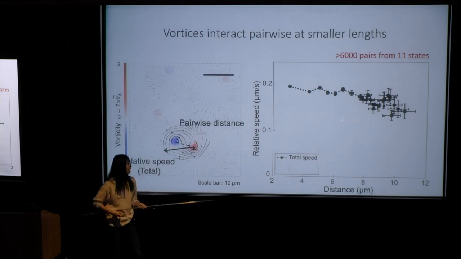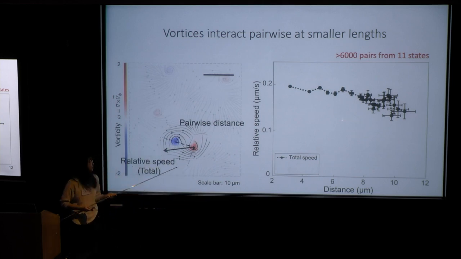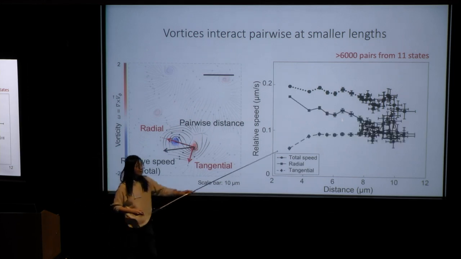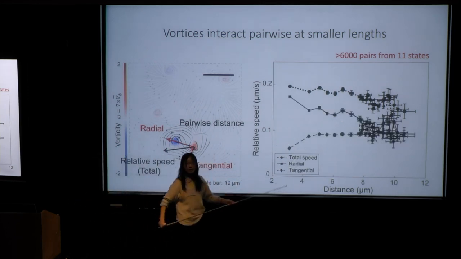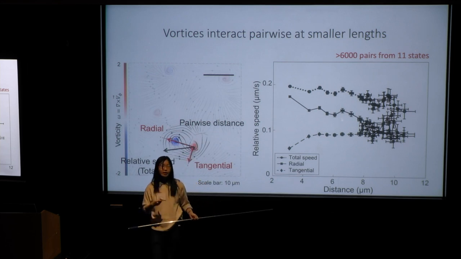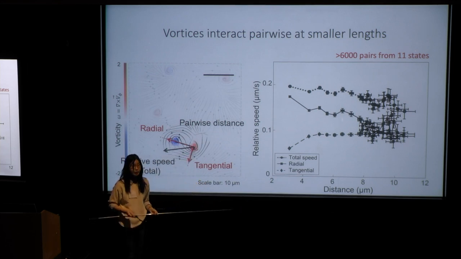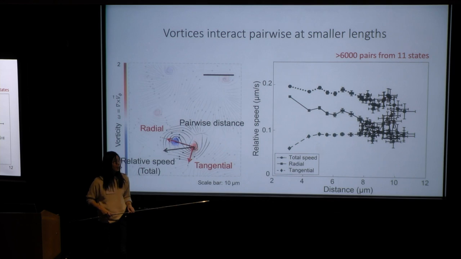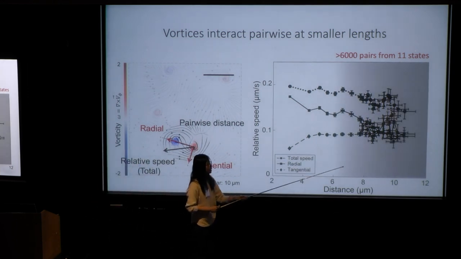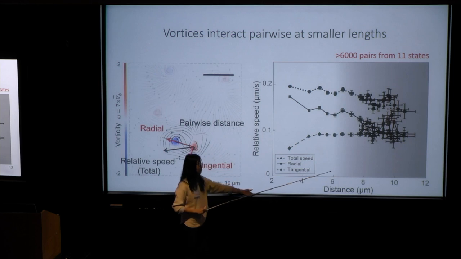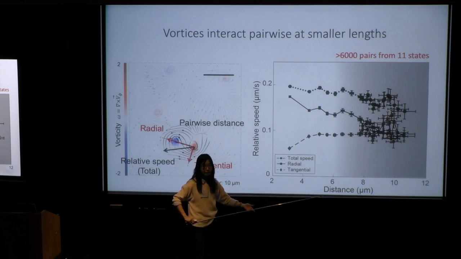We can also decompose the relative speed into tangential and radial components, and this is when we realize that such acceleration is definitively contributed to by the radial component, which is indicative of a conserved vortex-anti-vortex attraction across the states. We can also notice there exists a transition in the noise level embedded in those curves as the pairwise distance decreases.